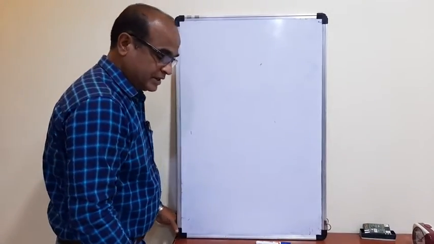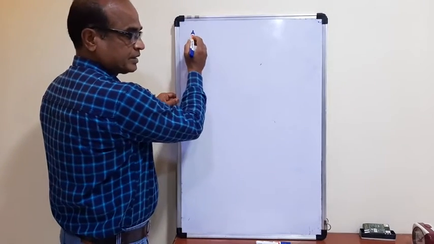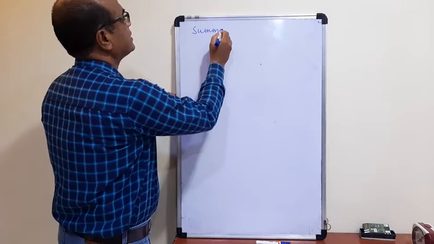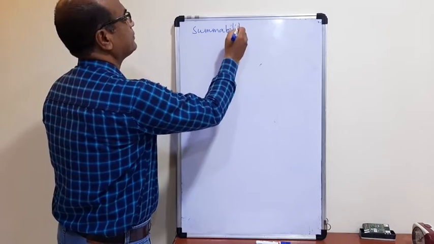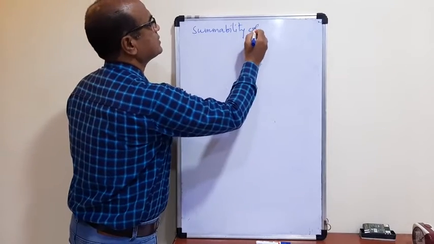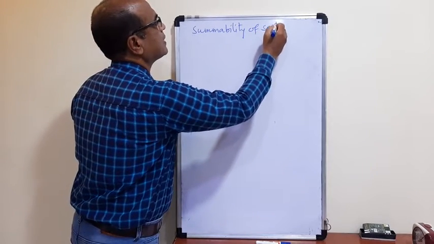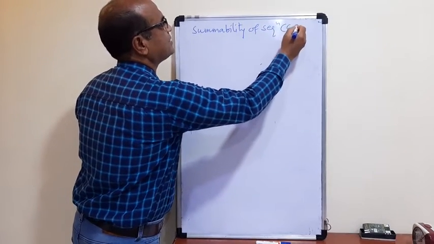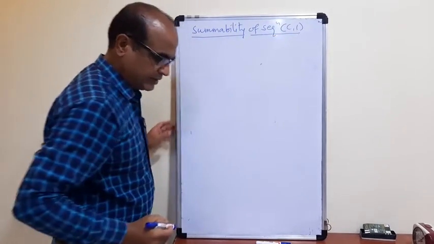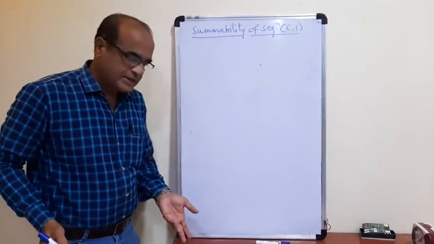So we take the next definition: summability of a sequence. The next definition is C1 summability. What is the summability of a sequence?